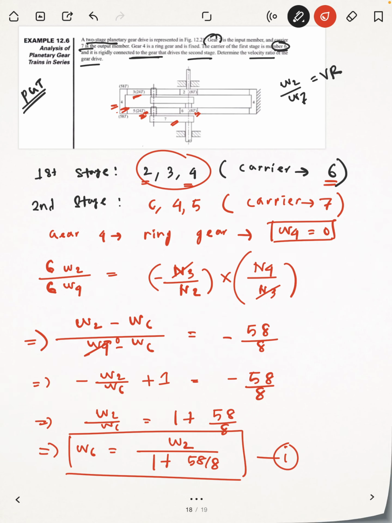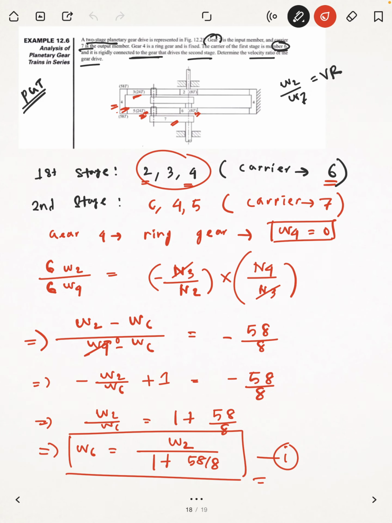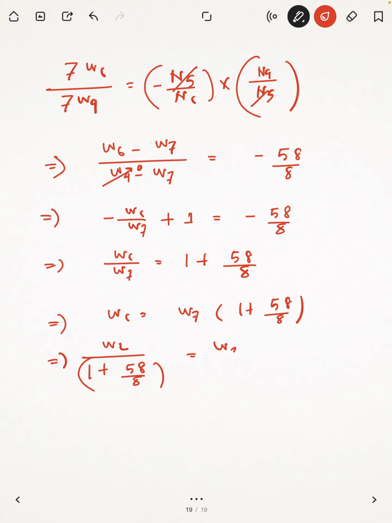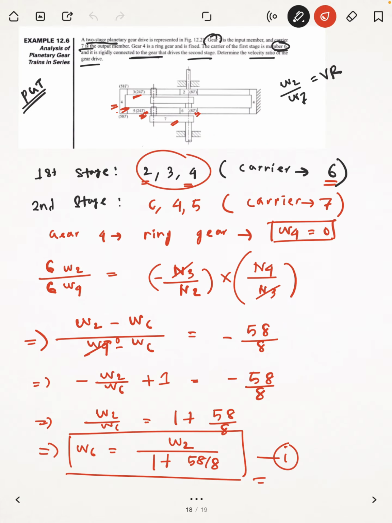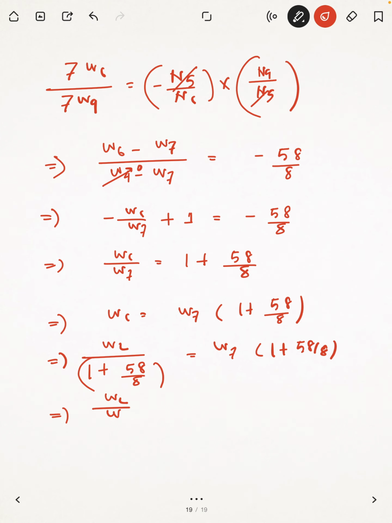What is the value of omega 6? From the equation number 1, I can write omega 2 divided by 1 plus 58 by 8, and that is basically omega 7 times 1 plus 58 by 8. And what you are asked to determine is omega 2 by omega 7. So I can rearrange.